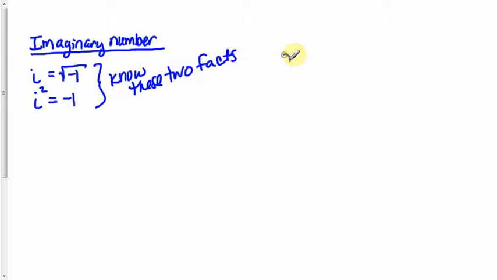If you are taking the square root of a negative number, like -b, then what you will do is you will break it down into the square root of -1 times b. Then you use your multiplication property for radicals that says I can take the square root of this factor even if I can't take the square root of that factor.